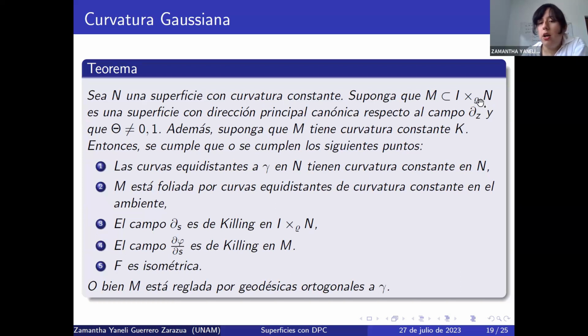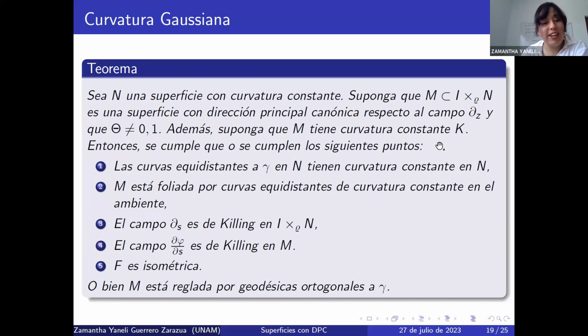So we're going to take it as the hyperbolic space, the sphere, or just R2, the plane. And we're going to assume that it has the canonical principal direction with respect to the vector field tangent to I. Then we assume that it has constant curvature.